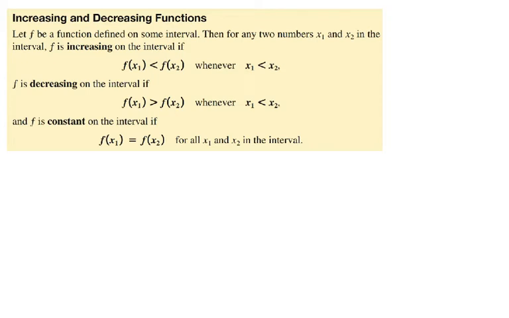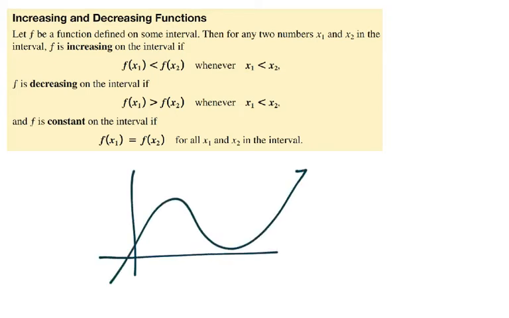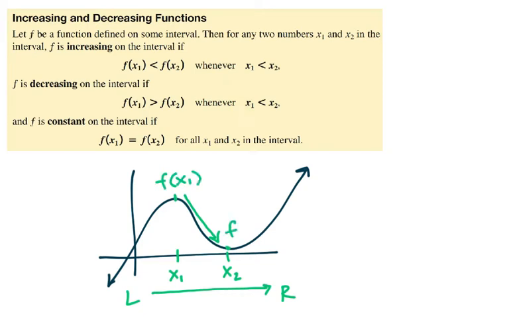If we think about increasing, decreasing, and constant, and we have some sort of graph that maybe looks like this, as we read that graph from left to right, as my x value, my x sub 1, moves forward to say some x sub 2 value, what you notice is in between that x sub 1 and x sub 2 value is that the corresponding outputs, f of x sub 1 and f of x sub 2, those corresponding y values, those are decreasing.